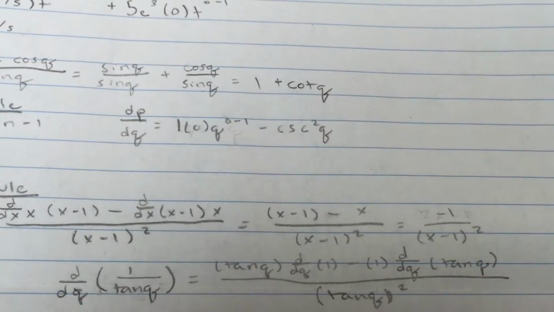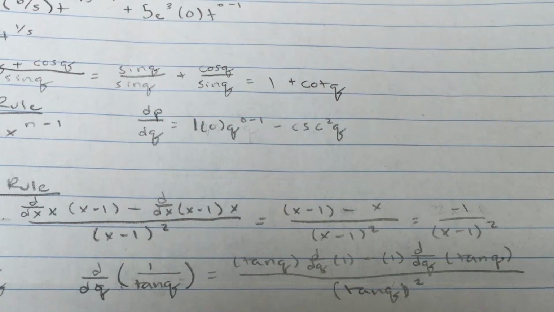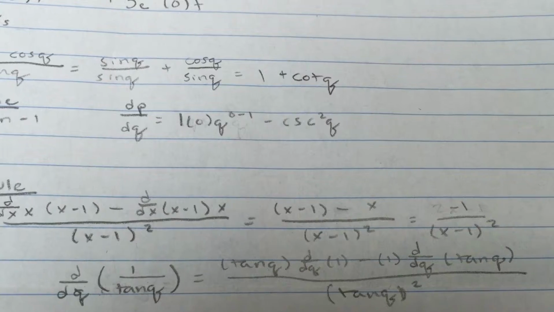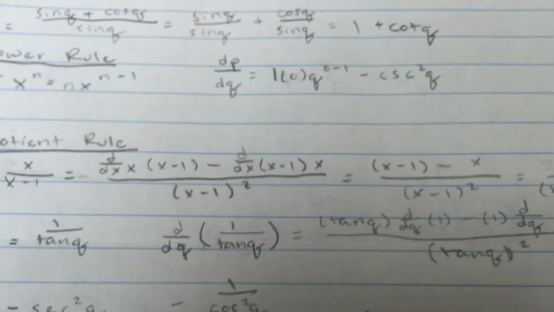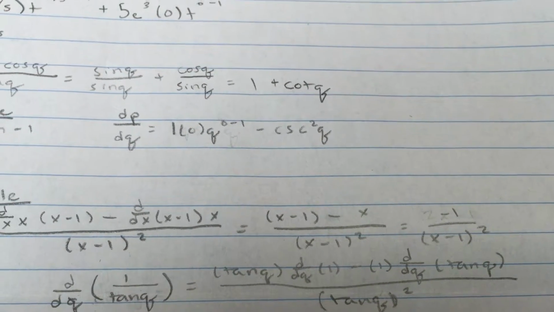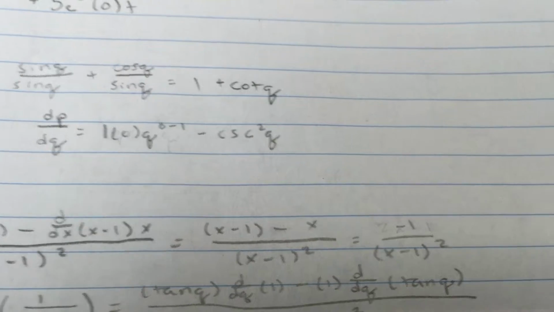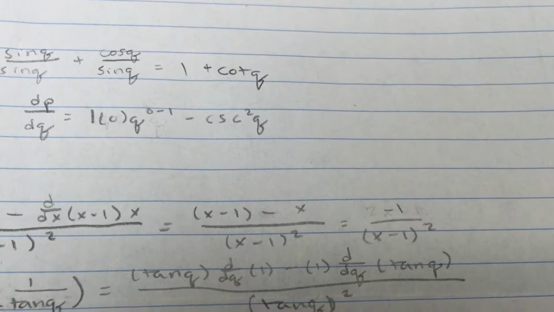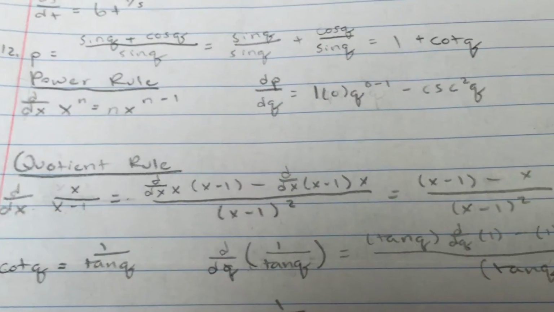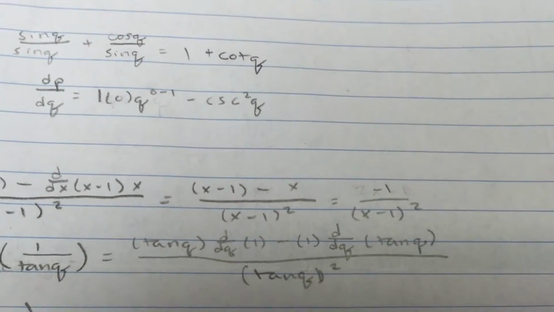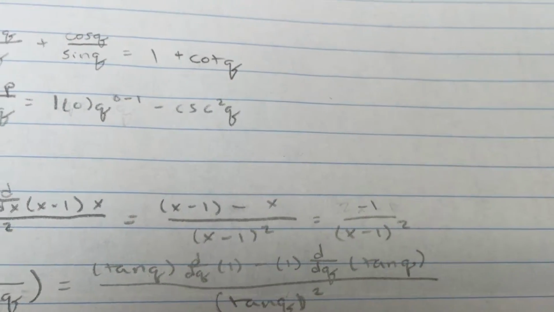This is the example played out, which is the derivative of x times x minus 1, which is 1 times x minus 1, minus the derivative of x minus 1, which is the denominator, which is just 1 times the numerator, which is x. That leaves us with x minus 1 minus x over x minus 1 squared. You must square the denominator in this quotient rule. And that leaves us with negative 1 over x minus 1 squared.